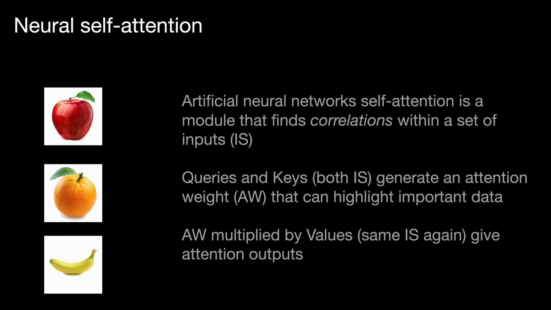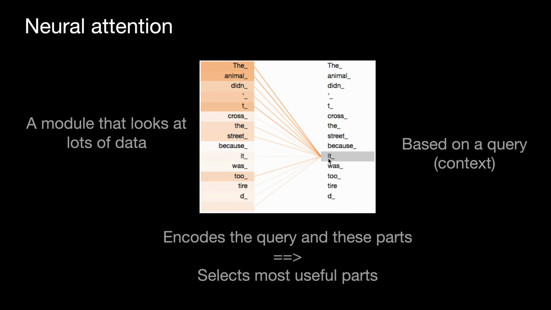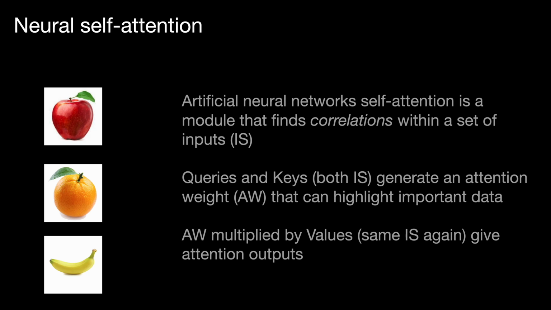So going back to our sentence, I will get some attention weights, represented by these colors. If I multiply the input sentence by these attention weights, I get out only the important portion, like the street or the animal, and the rest is masked. And this is how neural self-attention is supposed to work.